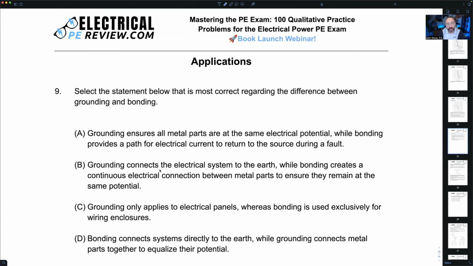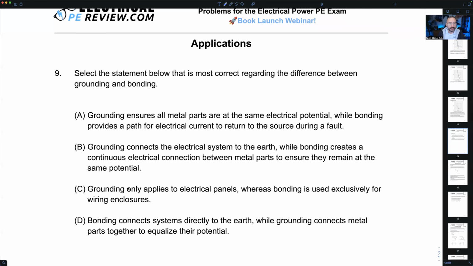B, grounding connects the electrical system to Earth, while bonding creates a continuous electrical connection between metal parts to ensure they remain at the same potential. C, grounding only applies to electrical panels, whereas bonding is used exclusively for wiring enclosures. Or D, bonding connects a system directly to the Earth, while grounding connects metal parts together to equalize their potential. A, B, C, or D.